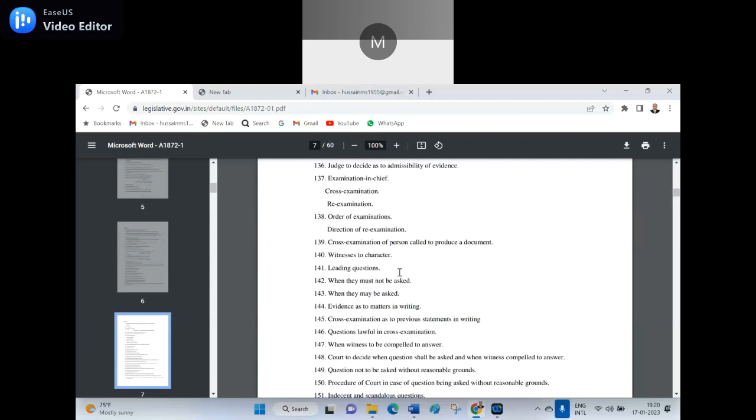And I can ask also, what is a leading question? See, this is also important. Can you tell me supplementary question? What is the leading question? Anyone? Participants, are you there? Vasan, sir. A leading question is such a question where it has its own answer.